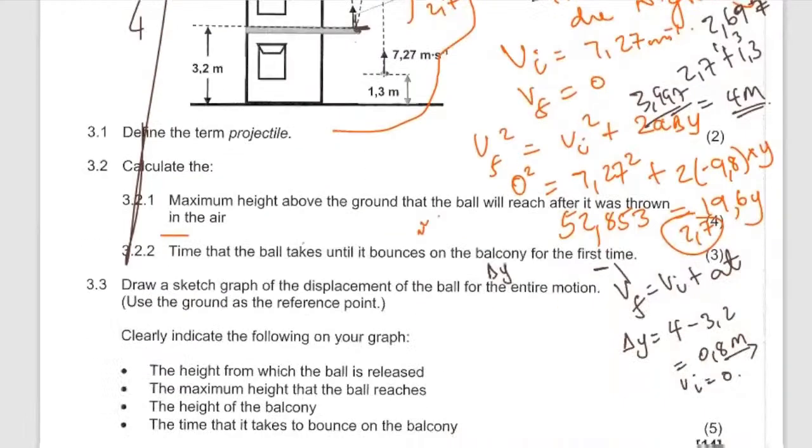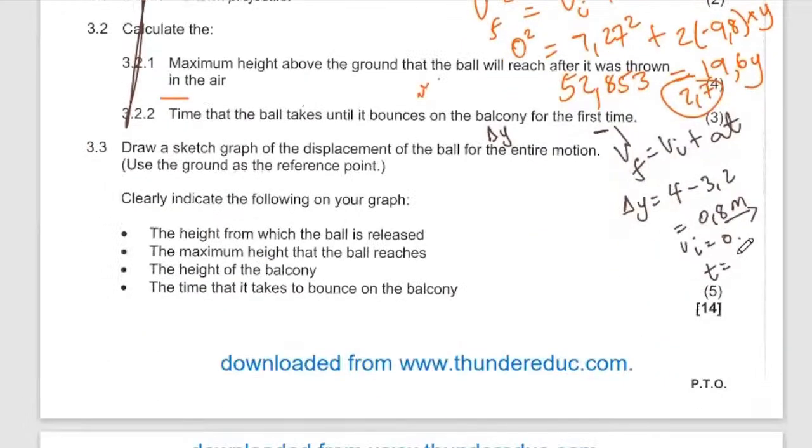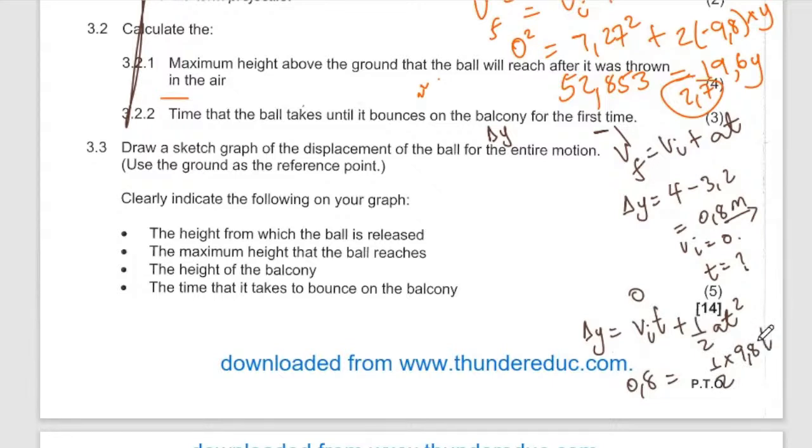I need time. So the displacement delta y is equal to V initial t plus a half a t squared. The 0.8 equals, the initial velocity term dies out to just 0, and this is a half times 9.8 times t squared, taking the 9.8 to be positive, since now it's the second journey that is dropping down.